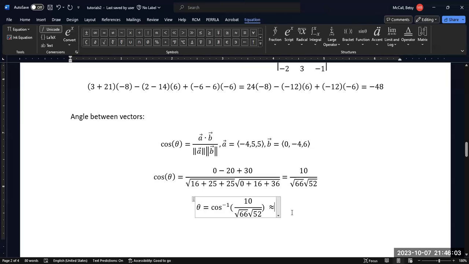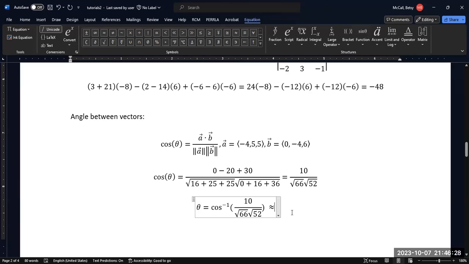So I'm putting in 10 divided by, now be careful when you put this in your calculator to make sure that you collect both square roots in the denominator. Otherwise, you're going to potentially get an error, because if you're multiplying by square root of 52, that might make your number bigger than 1.